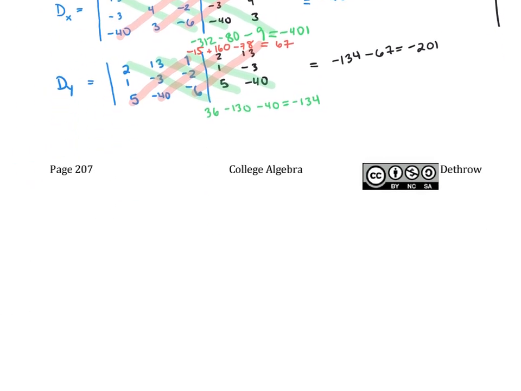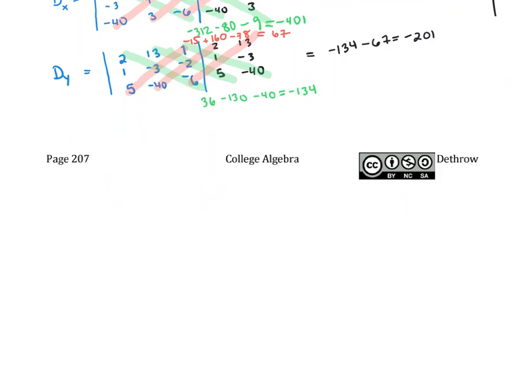Now let's find dz. dz equals 2, 1, 5 for that first column, negative 1, 4, 3 for the second column. Then we'll replace the z column with the right-hand side: 13, negative 3, negative 40. Let's repeat the first two columns.